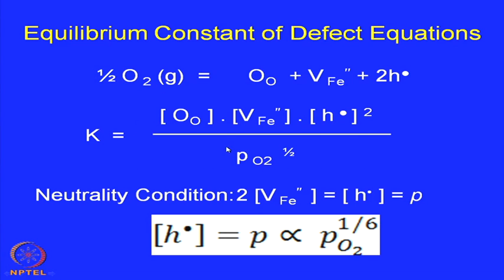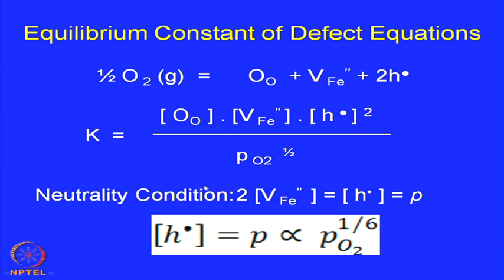So, it is actually partial pressure, concentration here can be converted to partial pressure because it is in the gas form. So, PO2 to the power 1 half. Okay. So, the equilibrium constant is the product of the concentrations of the products to the reactants, right.